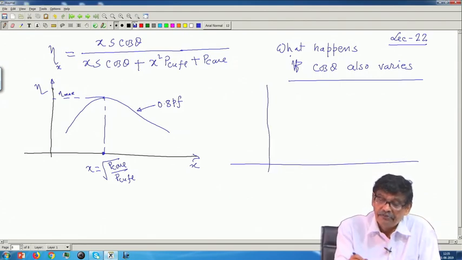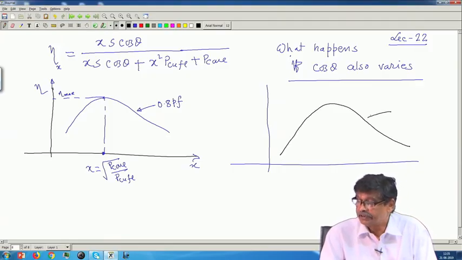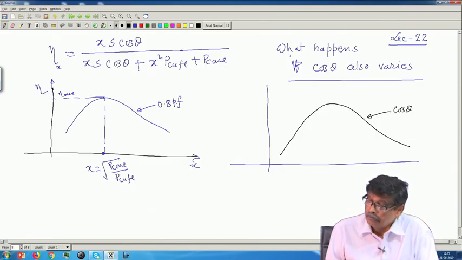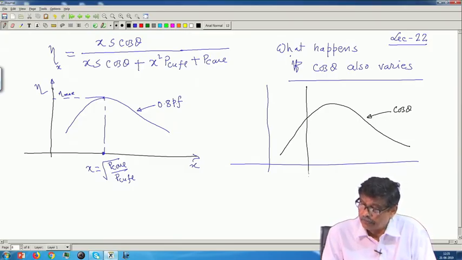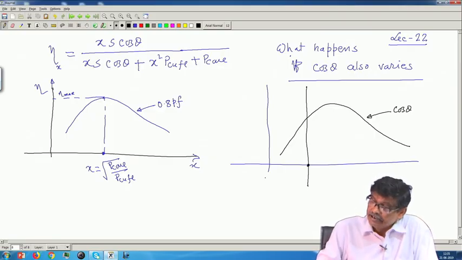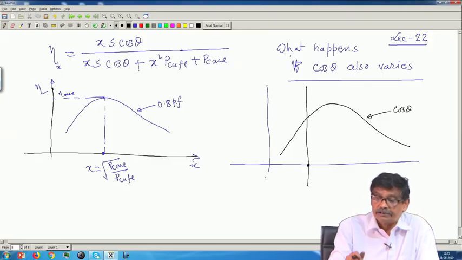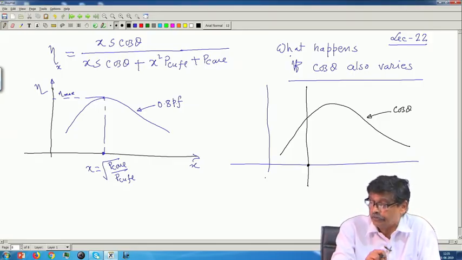This is your efficiency curve at a given power factor, say cos theta. What I am going to do now is fix the load on the transformer. That is, I want to see the effect of variation of power factor angle of the load on efficiency, that I want to do.